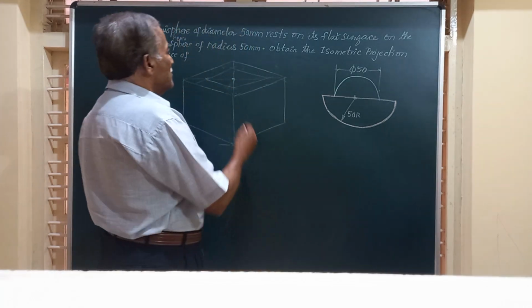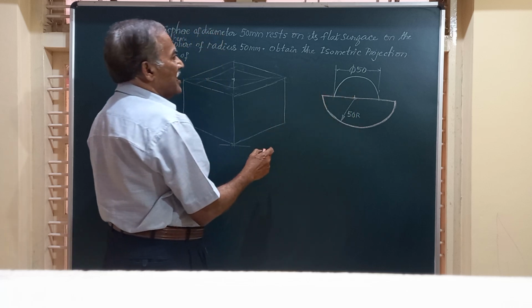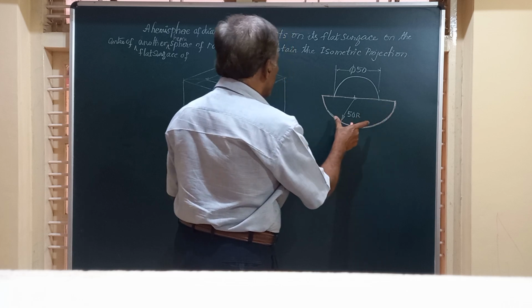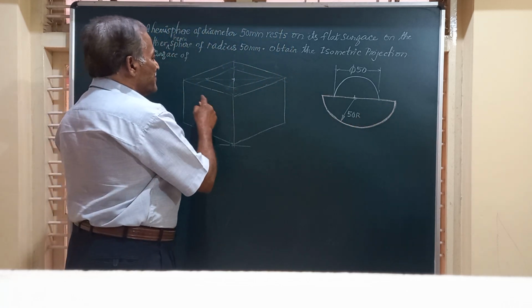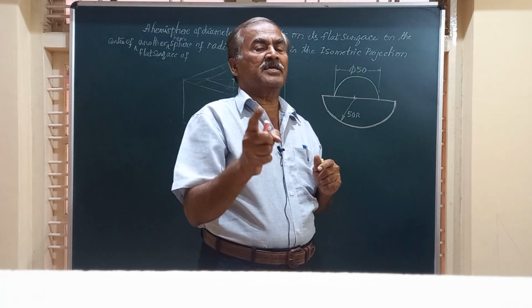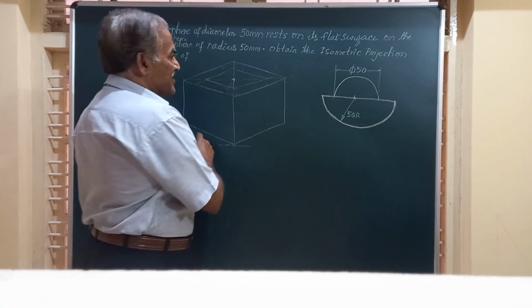Friends, you know the center of this is here, the center of the top one, and here, as per the problem, we have the maximum dimension of 50 millimeter, and this 50 millimeter taken in the isometric scale, that is 50 into 0.815, is the side of this.